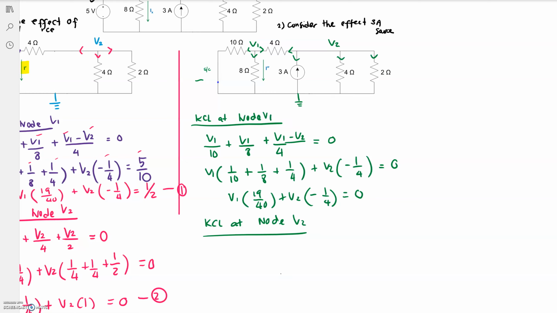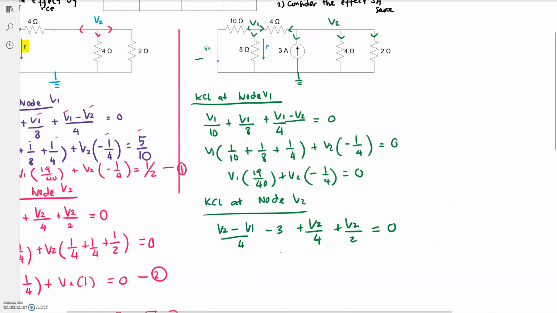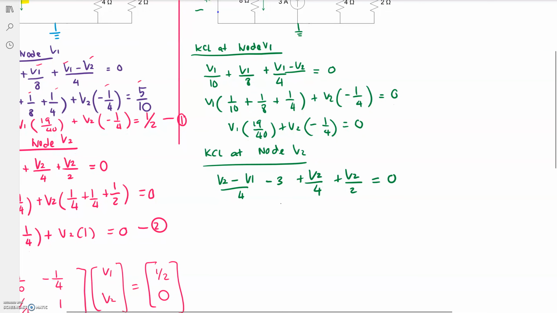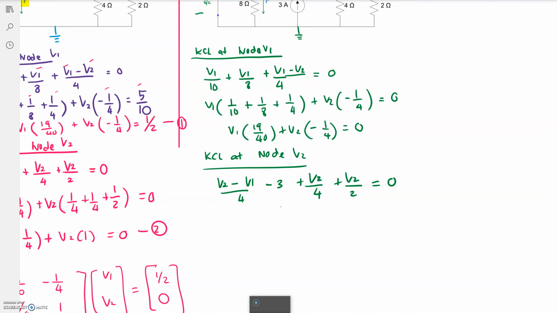There will be 4 branches: V2 minus V1 over 4, minus 3, plus V2 over 4, plus V2 over 2 equals 0.